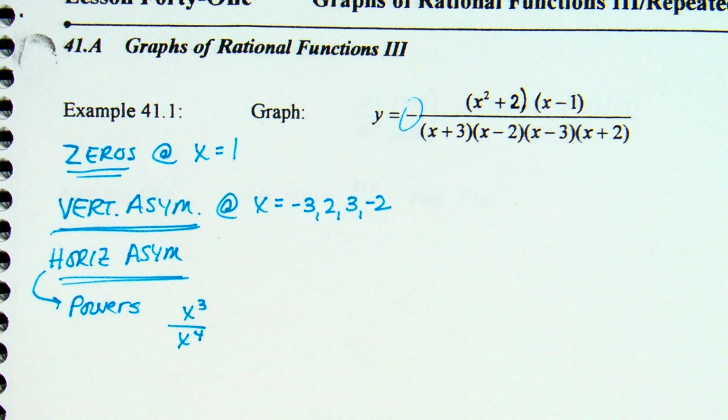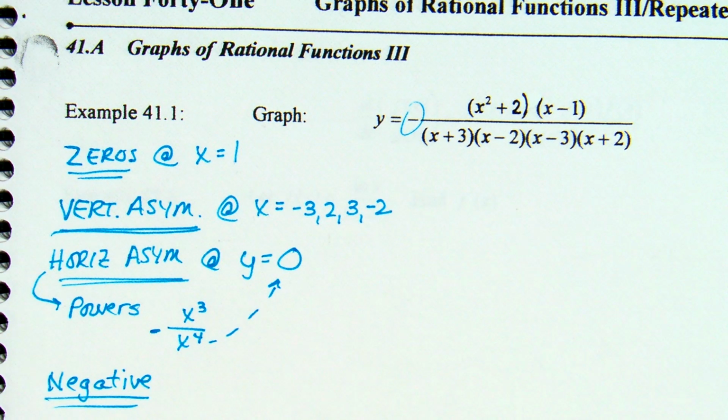The other thing I want to talk about, what does that negative out front mean? Okay, so that negative, because there's a negative out front, officially we're always supposed to begin at the right side of the graph. When we begin at the right side of the graph, we're going to be bottom side.